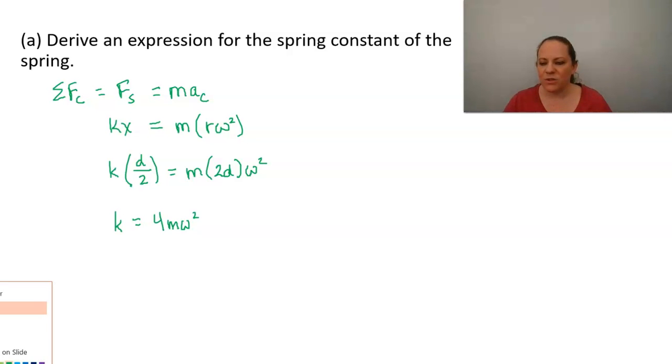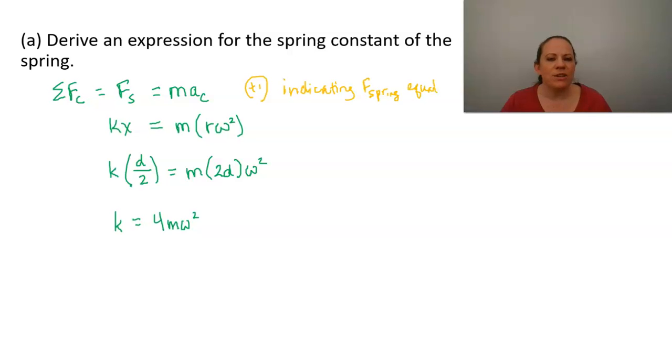So let's talk about scoring. We're going to get 1 point for indicating that the spring force equals the mass times the centripetal acceleration.